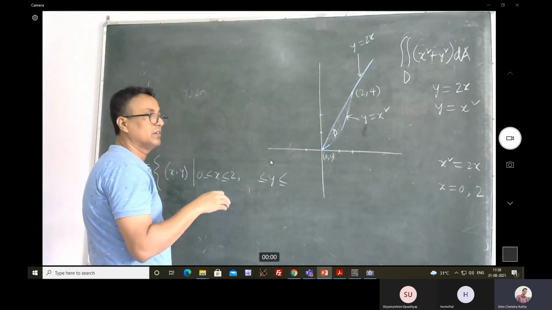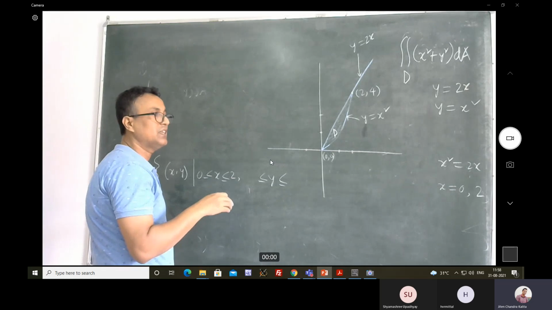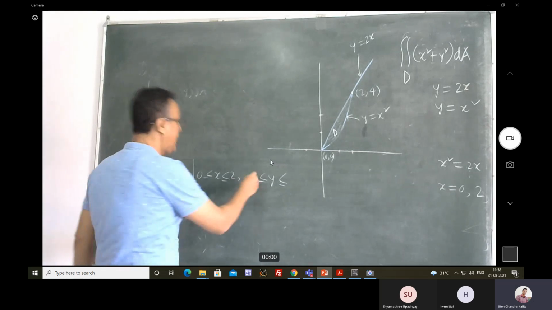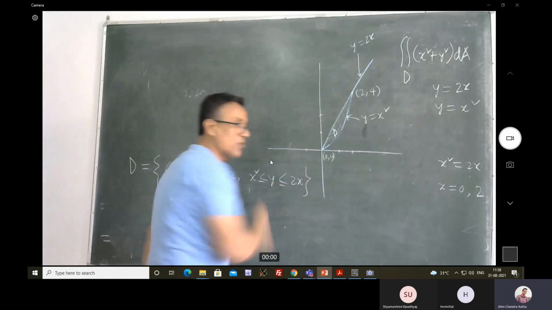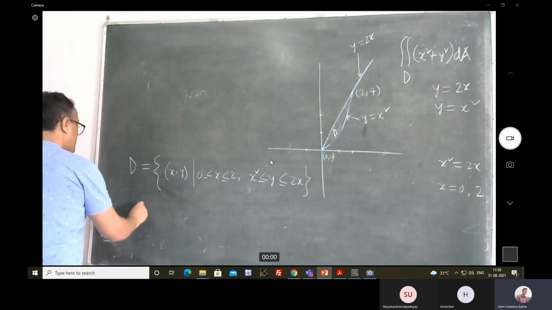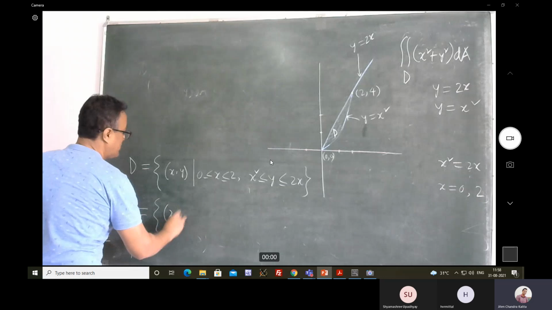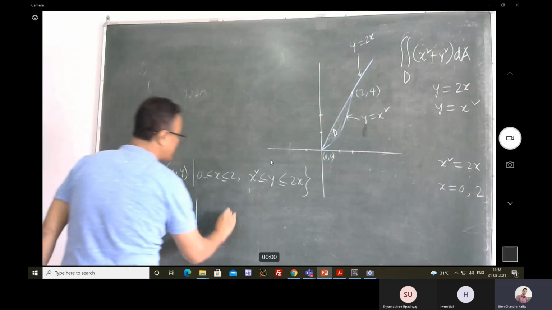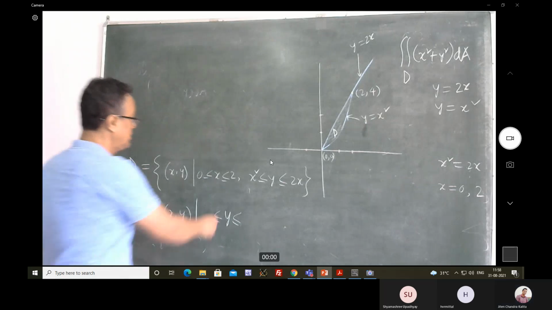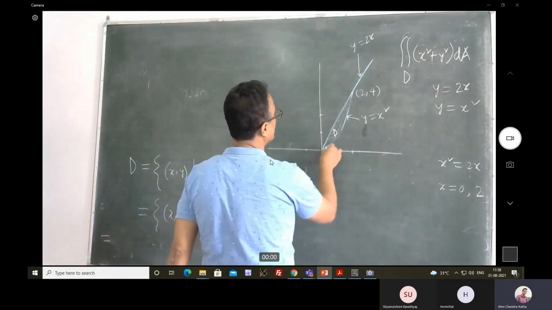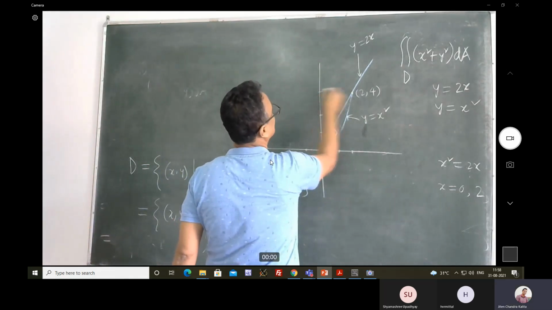The bottom is x squared and the top is simply 2x. Interestingly, for the same problem, I can consider it to be a type 2 region as well. Now here, y goes from 0 to 4.